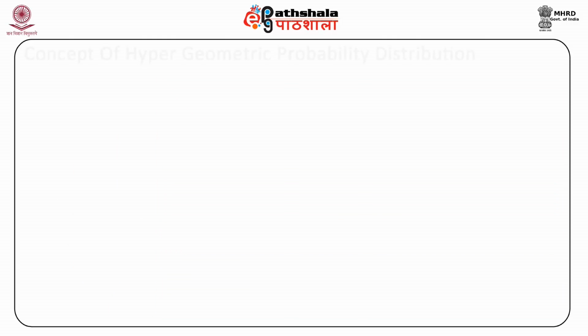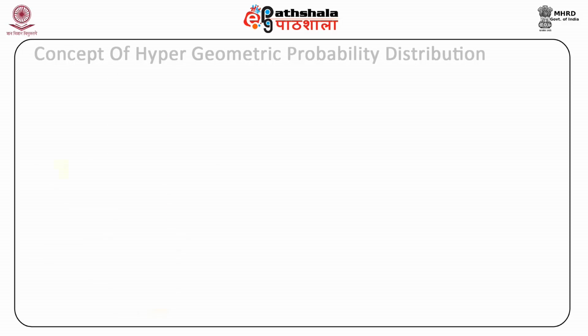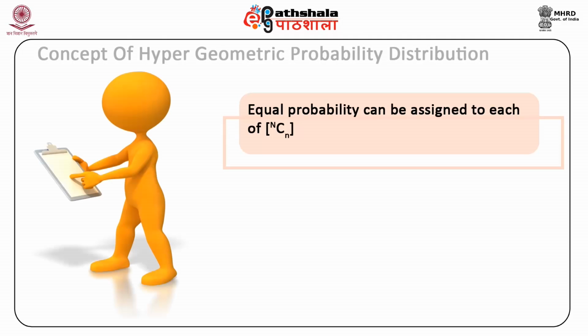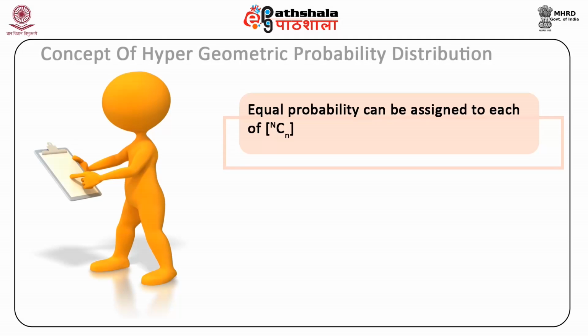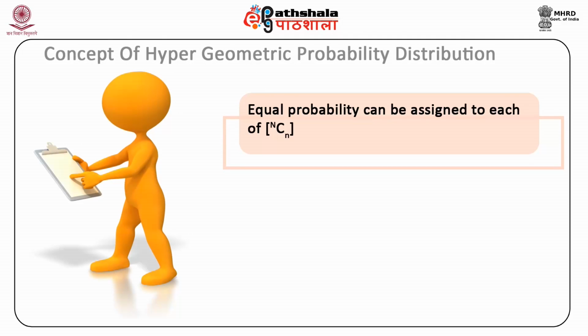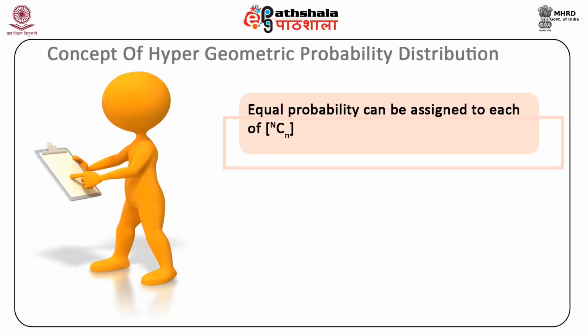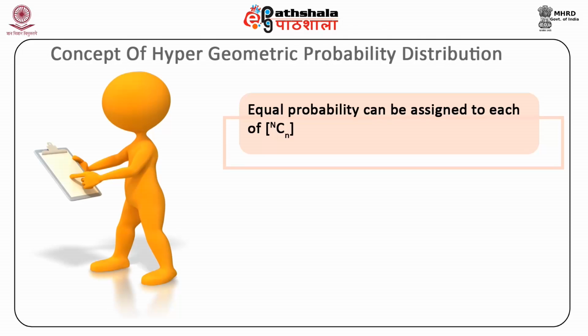If the process of sampling is random, then all items available after any number of draws have an equal chance to be chosen, and therefore equal probability can be assigned to each of the NCn combinations.